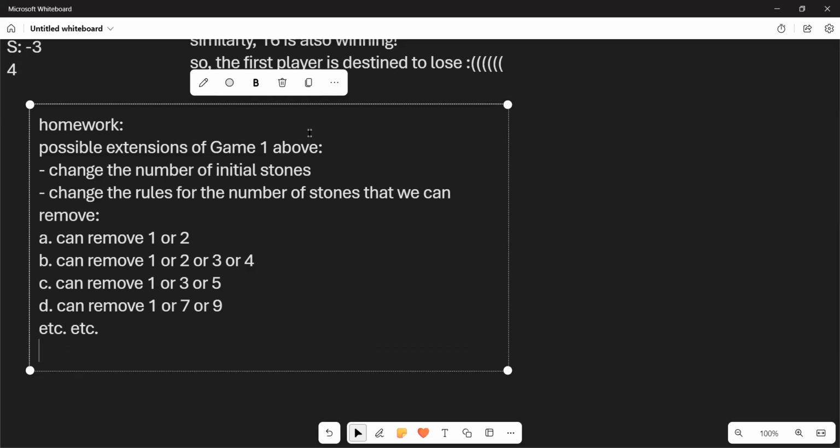Another crazy extension I just thought of is increase the number of players. Ha ha ha ha.